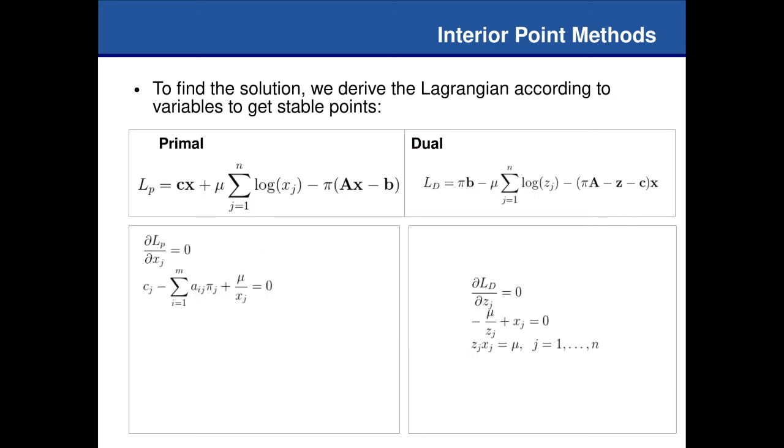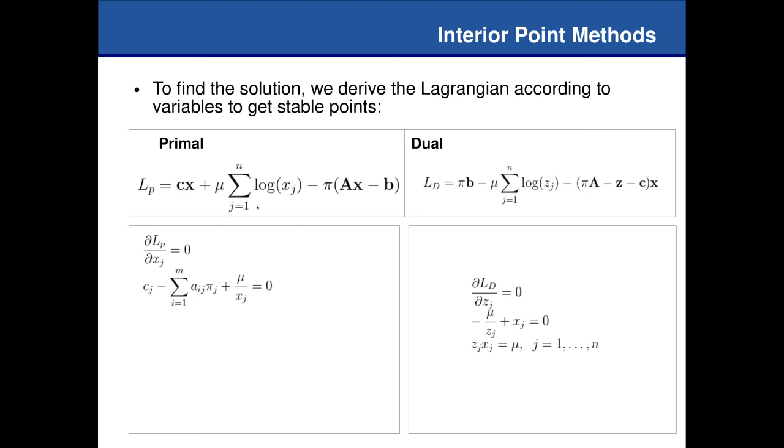At this point, we start the differentiation. So start with the differentiation of this primal Lagrangian function in terms of xj, which is a scalar value inside my vector x. Differentiating in terms of xj, we are going to have, of course, the corresponding cj that's multiplied by that xj. So it is in here.